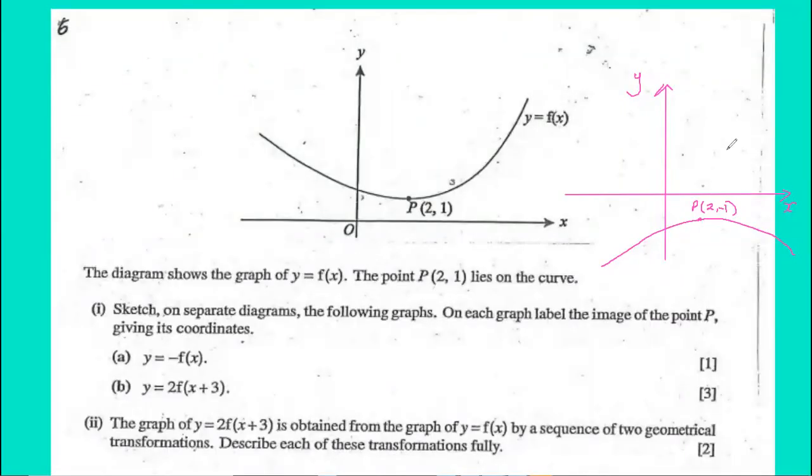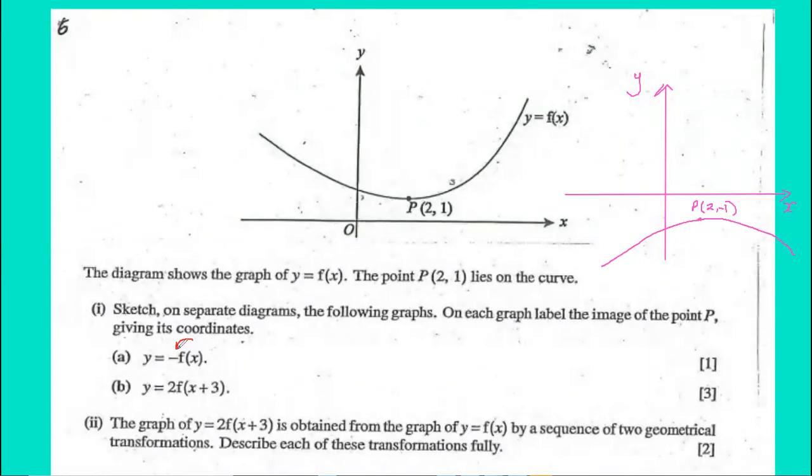Okay, so I've just drawn this over here. As you can see, my new point is at (2, -1). What's actually happened is that this transformation, where you've got negative f of x, has meant that you needed to reflect the line in the x-axis. Now remember at GCSE, when there is a change on the outside of your bracket, it's going to affect your y coordinates.